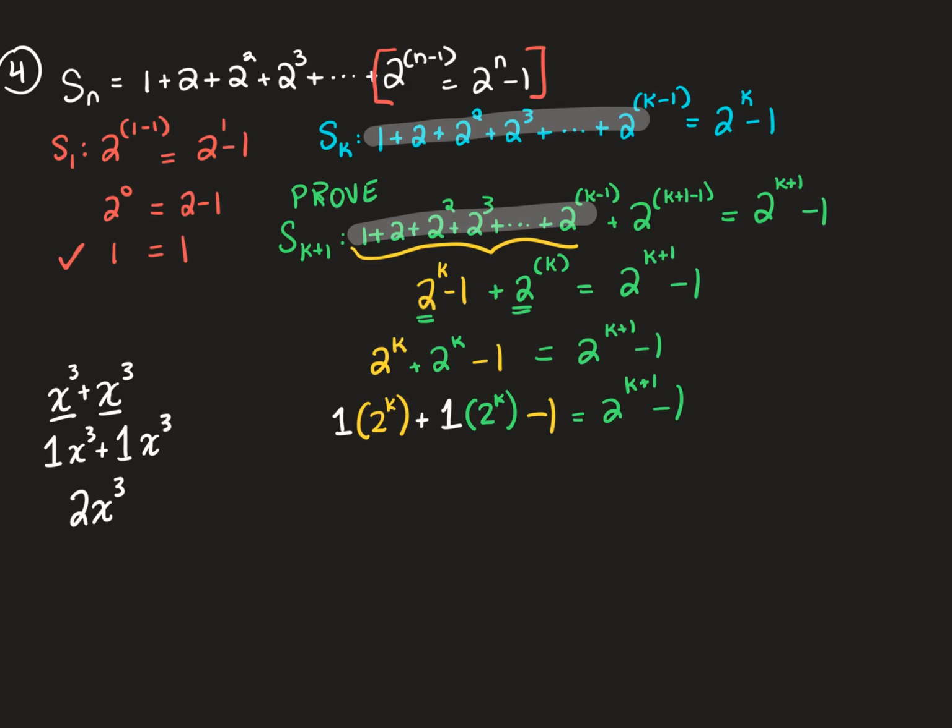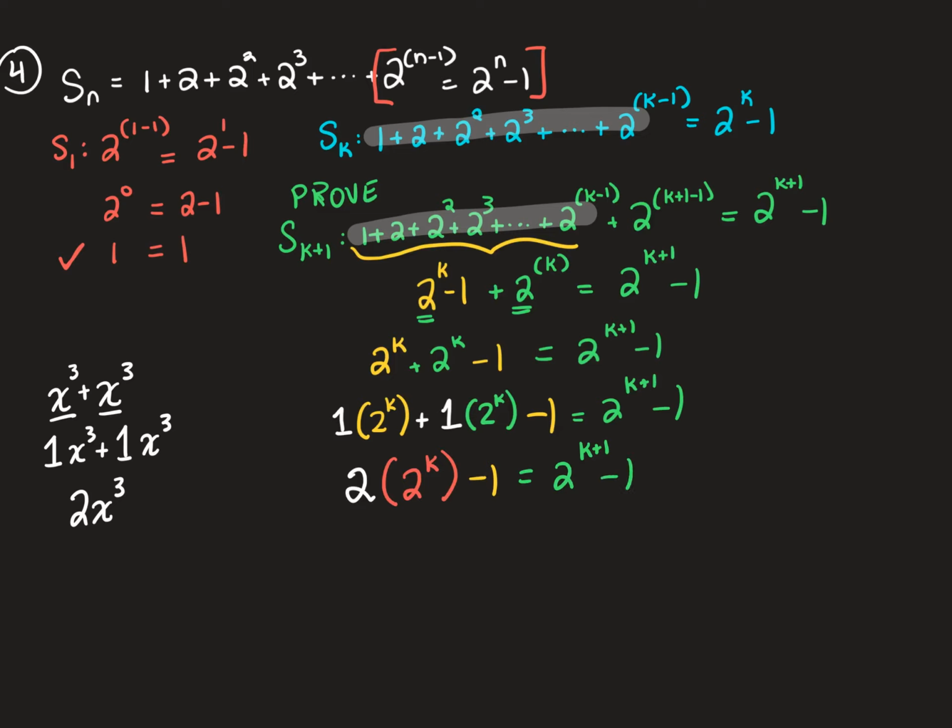So really what I'm saying is I have 2 to the k, and I add another 2 to the k to it. So I really end up with 2, let me use white here, 2, and I'll use red now, 2 to the k's. And then I still have that minus 1, and I want to show that this is equal to 2 to the k plus 1 minus 1.